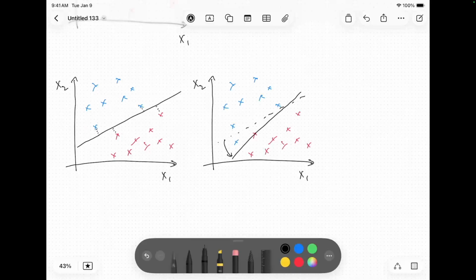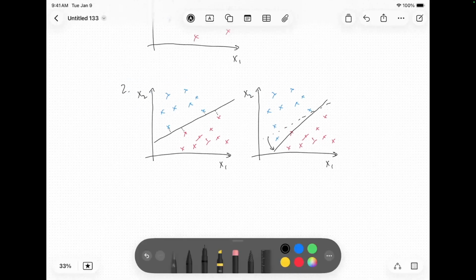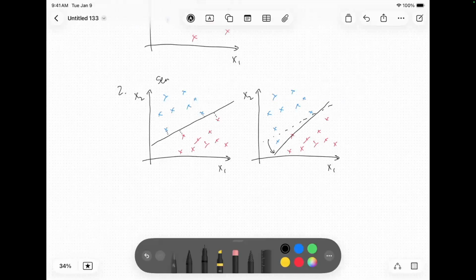Especially if they're at the boundary. So our second problem is sensitivity to individual observations. Okay?